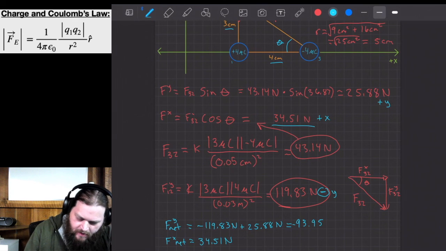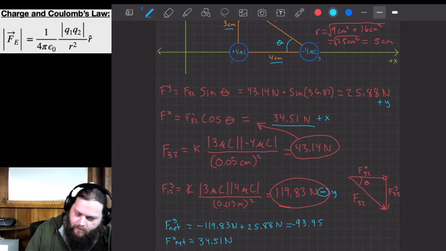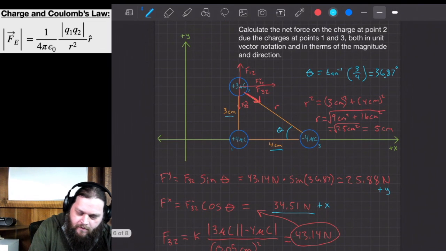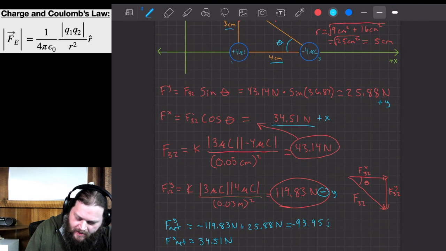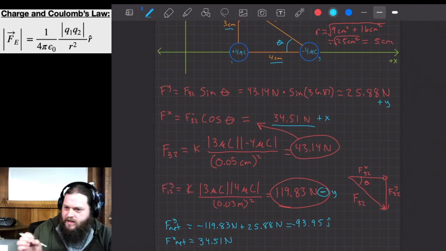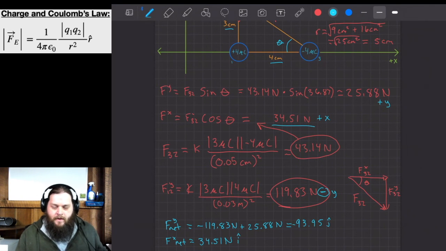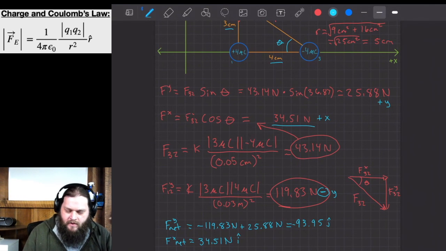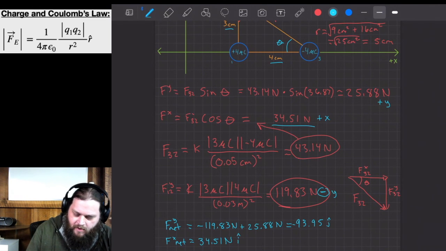And that's going to be in the negative y direction. Since these are in the y, if we want to place them in vector notation, you add your j hat there, because the j direction is the y, and this is going to be the i hat there. If you wanted to find the magnitude of those, it's basically the Pythagorean theorem, where you take the square root of the sum of both of those after you square them.